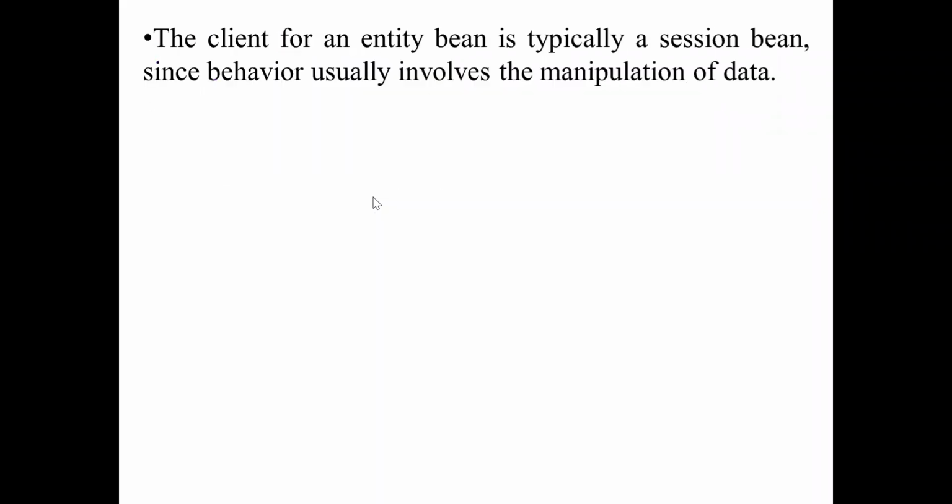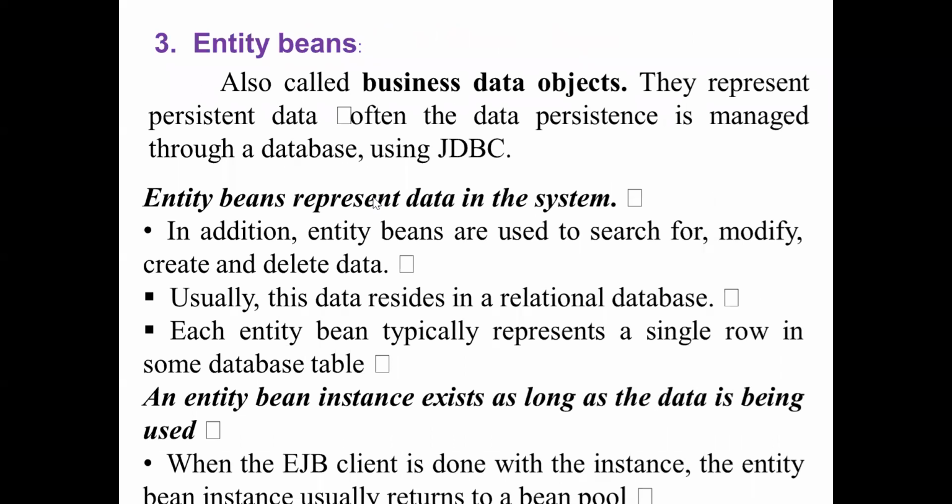And the third one is the entity bean. The entity bean we can also call a business data object. It represents the data, often the data persistence, and it is managed through the database using JDBC. So entity beans are nothing but business data objects, and the entity bean represents the data in the system. There are some points to be remembered.